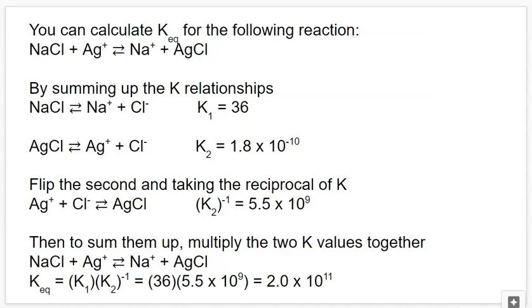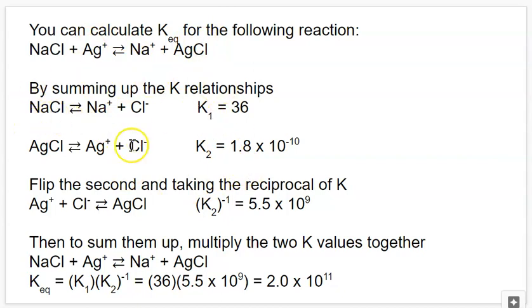So let's look at an example of this. Say we wanted to calculate KEQ for the following reaction. We have sodium chloride plus silver ions making sodium ions and silver chloride. So we have a single replacement redox type reaction. If I look at the relationships between sodium chloride and sodium ions, and then silver chloride and silver ions, I can find some K values.